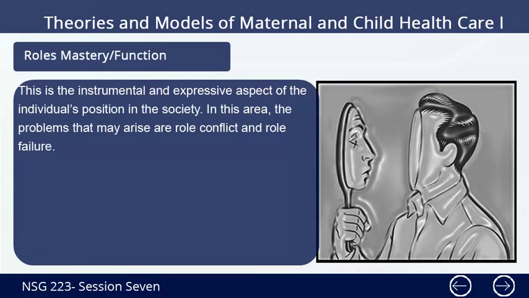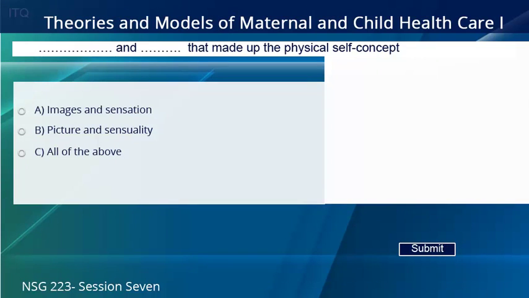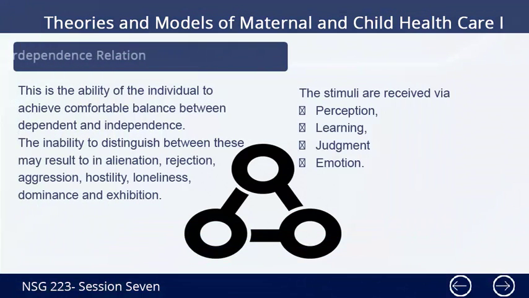Role mastery or function. This is the instrumental and expressive aspects of the individual's position in society. In this area, the problems that may arise are role conflict and role failure. Interdependence relation.